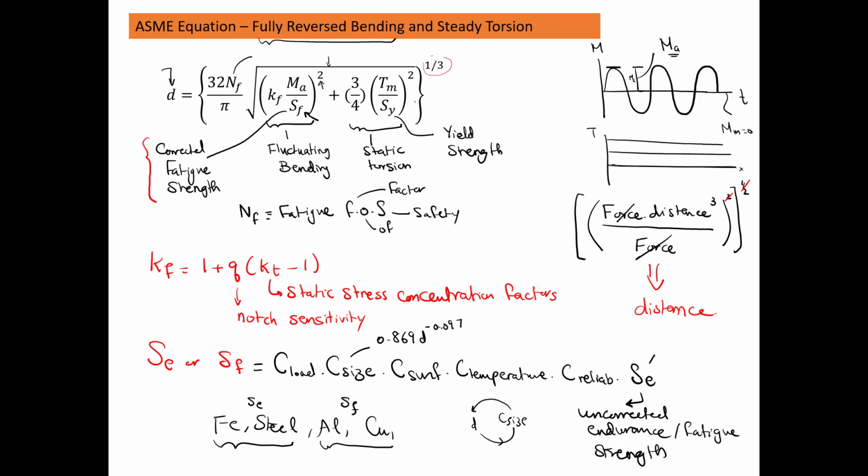Where should I start? And that's where the trial and error becomes handy. You're going to assume a value for d, you will evaluate C size, and then you'll plug it in the equation and find your calculated diameter, and then you will compare the initial assumption to your calculated value.